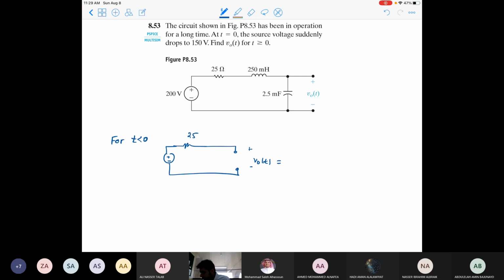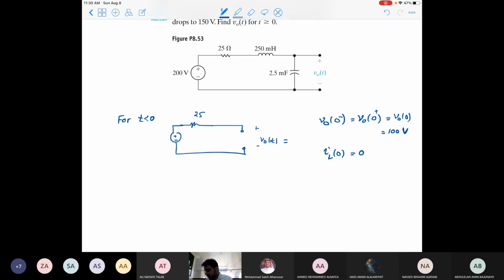The initial value of the voltage is going to be 100 volts. The initial value of the current passing through the inductor is going to be 0, because it's in series with an open circuit. So this one is 200 volts.